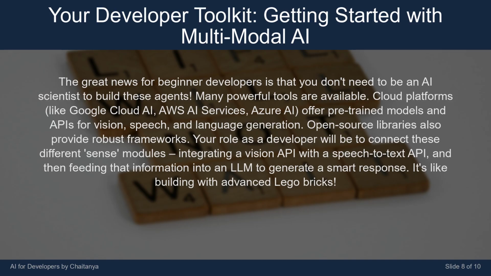Open-source libraries also provide robust frameworks. Your role as a developer will be to connect these different sense modules, integrating a vision API with a speech-to-text API, and then feeding that information into an LLM to generate a smart response. It's like building with advanced Lego bricks.